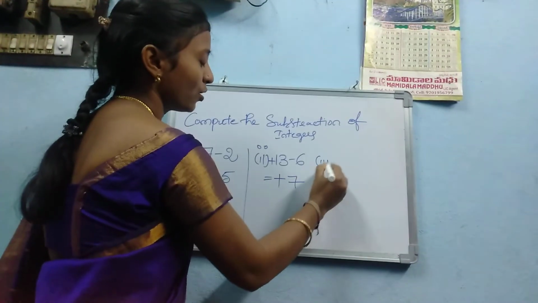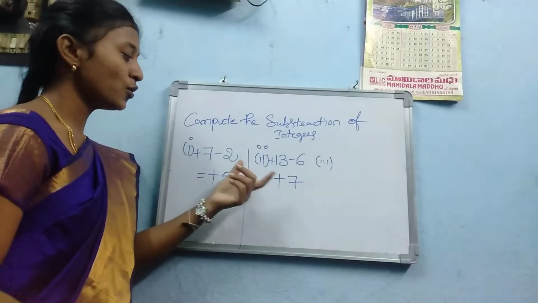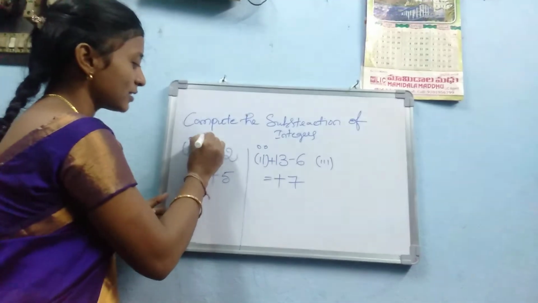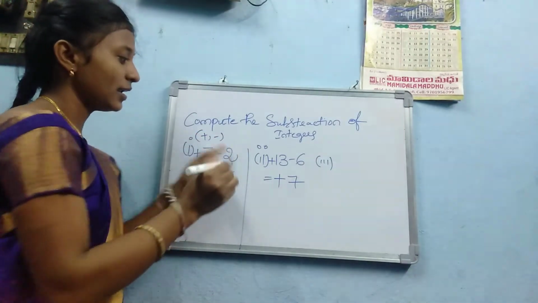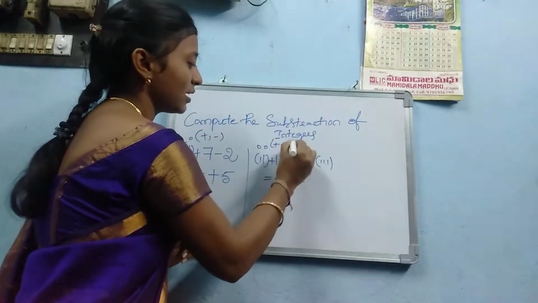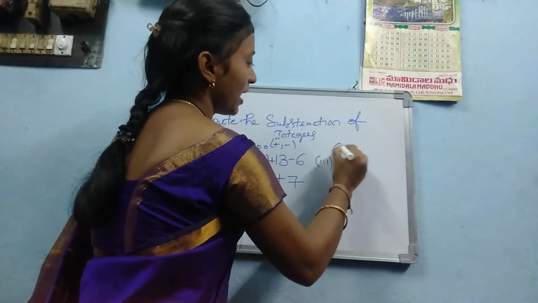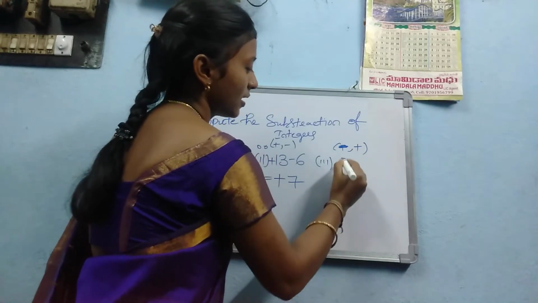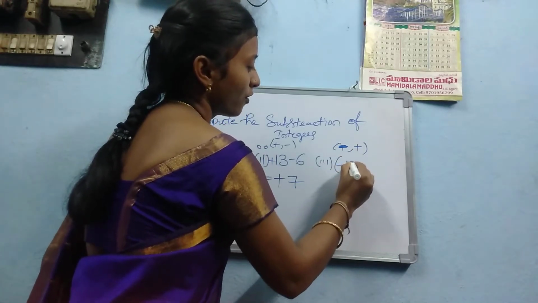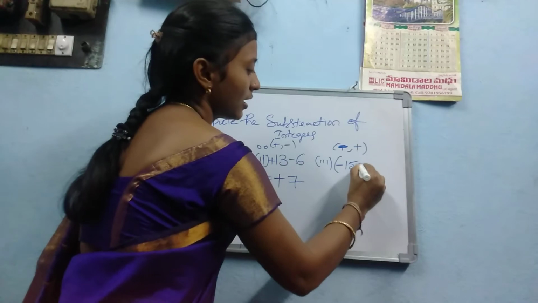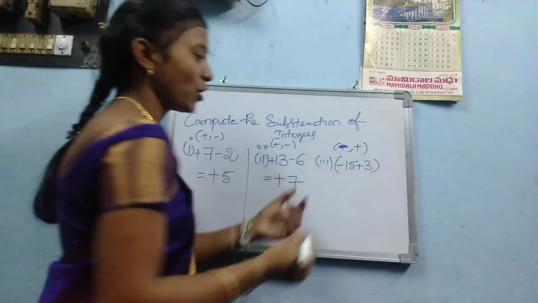And we take two integers with different signs: plus and minus, next plus and minus. Then we take plus, minus and plus. The bigger number has the negative symbol and the smaller number has the positive symbol.